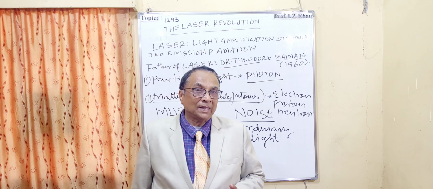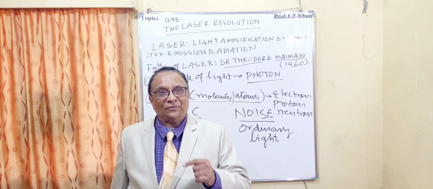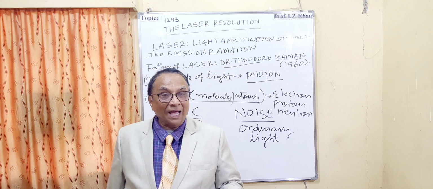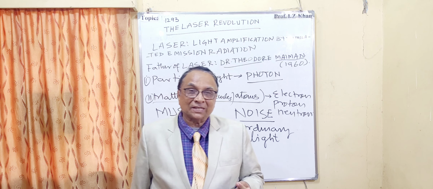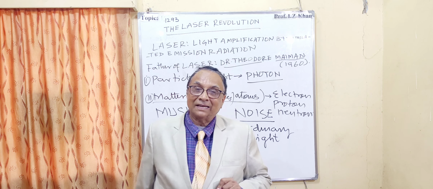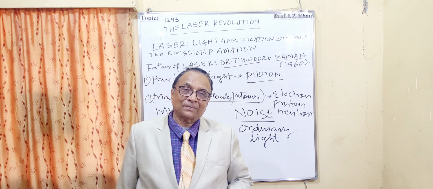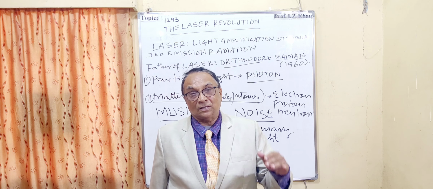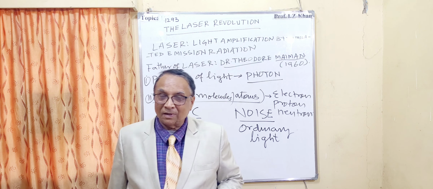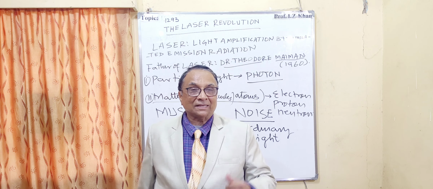And secondly, its power intensity depends upon its amplification. Some lasers have a capacity of only 1 watt of heat. It cannot even heat enough to boil an egg. But at the same time, some lasers have power up to 10 to the power 9 watts, which can even melt steel or iron.